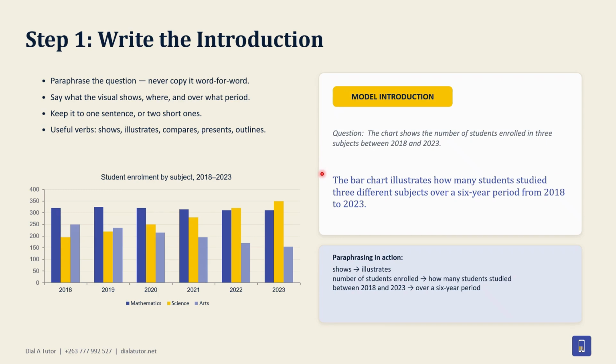For example, the bar chart illustrates how many students studied 3 different subjects over a 6-year period from 2018 to 2023. So your introduction tells us what happened, maybe when, where, and maybe this is for a particular school. If it was named, then you'd mention the name of the school.